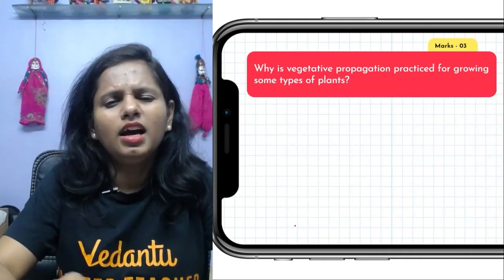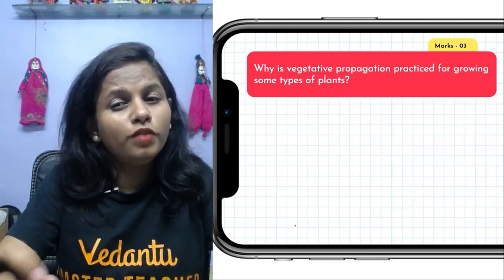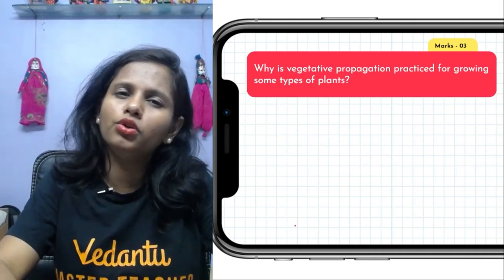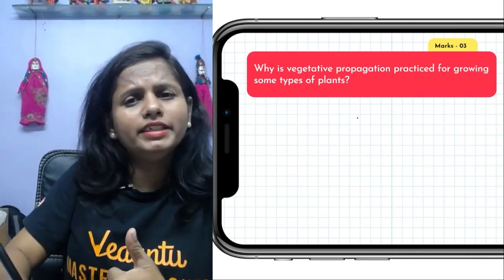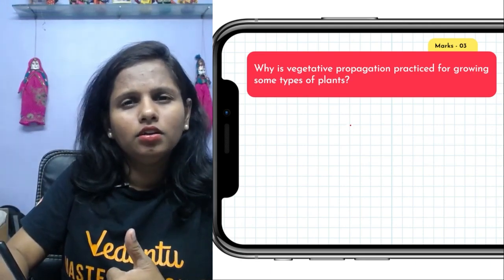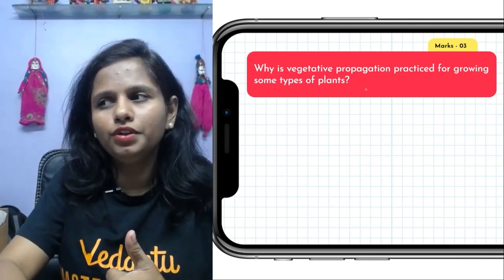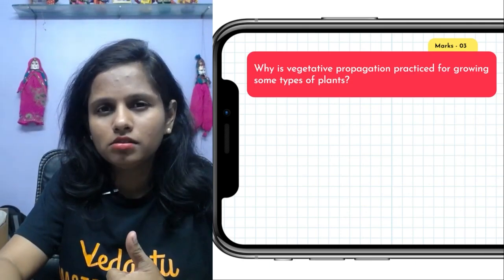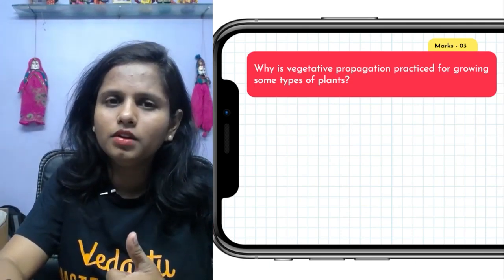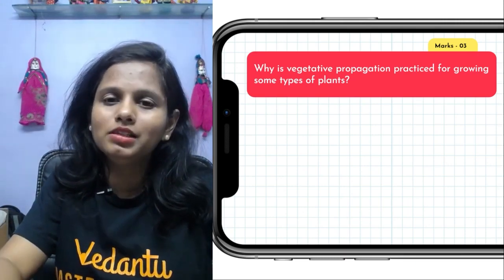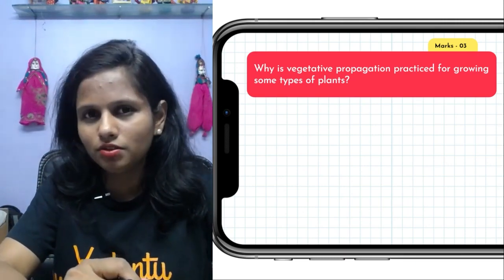Now, why is vegetative propagation practiced for growing some plants? First of all, vegetative propagation is done mostly for plants which cannot bear viable seeds, seedless plants, like grapes and banana. Since we don't have viable seeds, they can be easily grown this way.